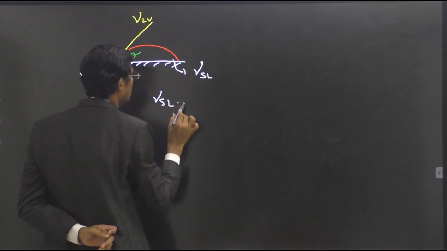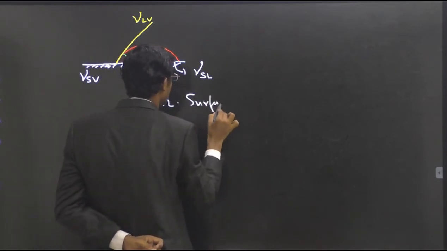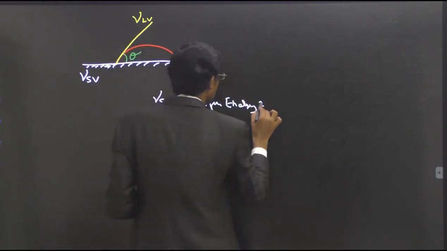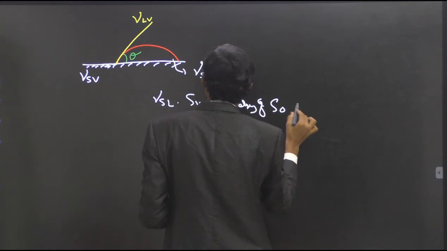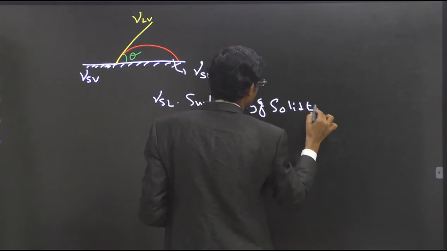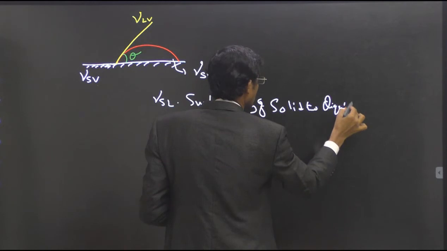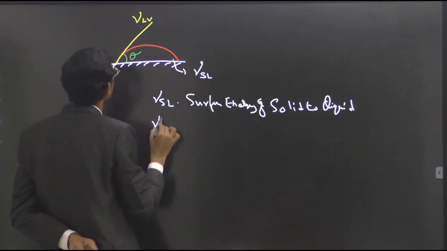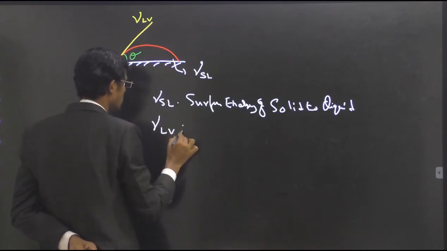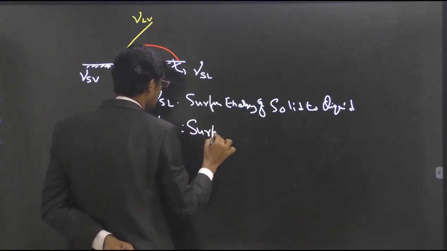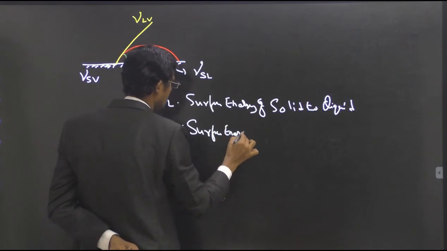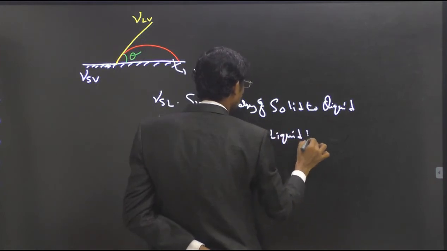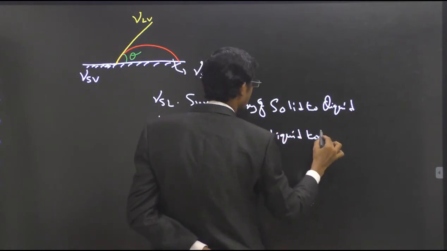So I have written gamma SL, surface energy of solid to liquid. Otherwise you can say gamma LV, it means surface energy of liquid to vapor.